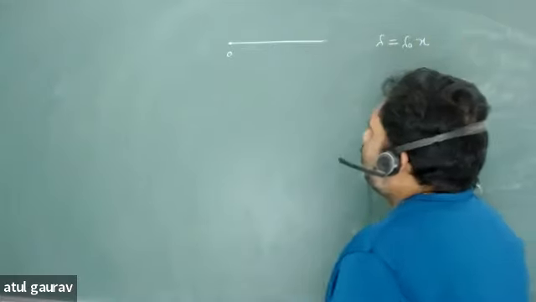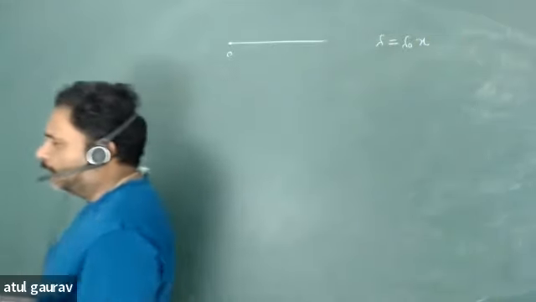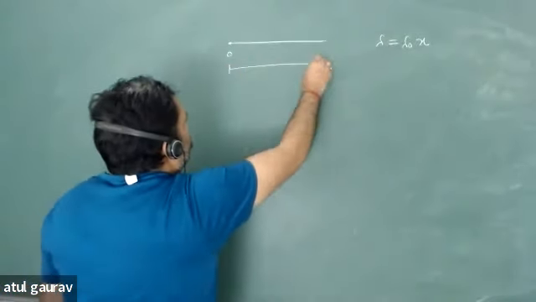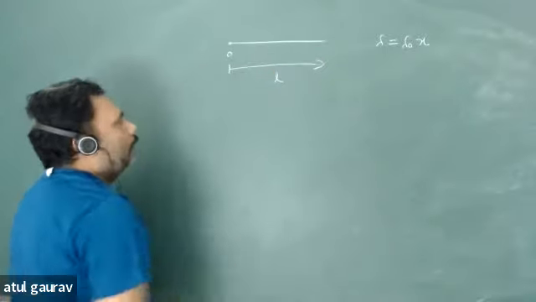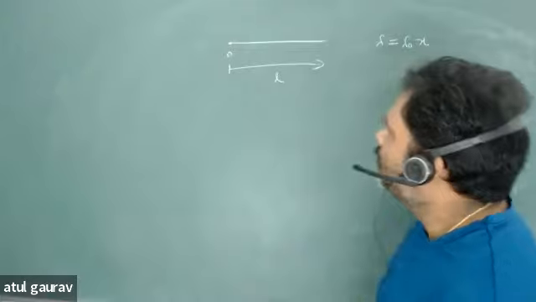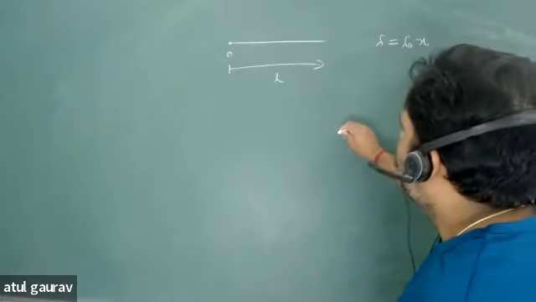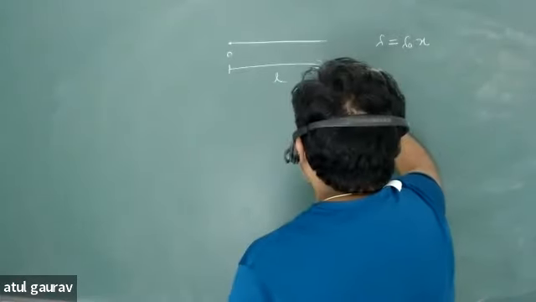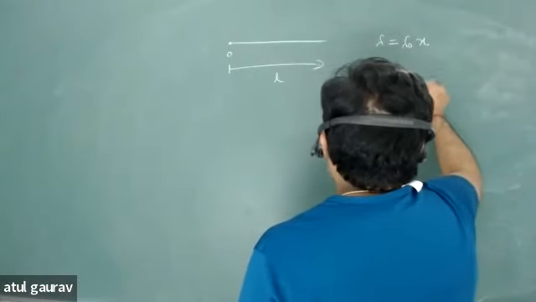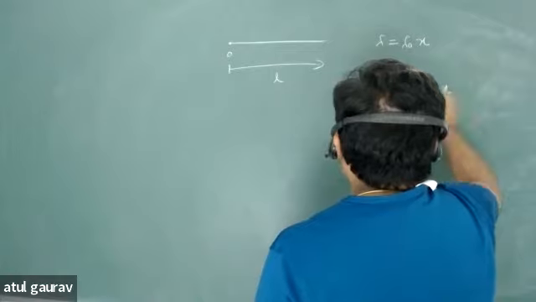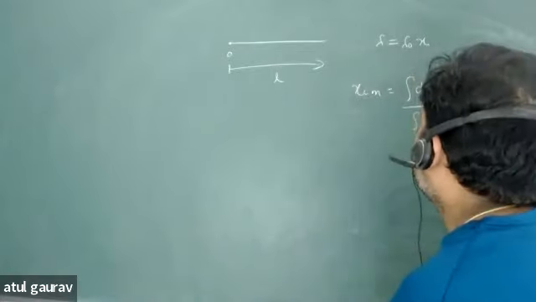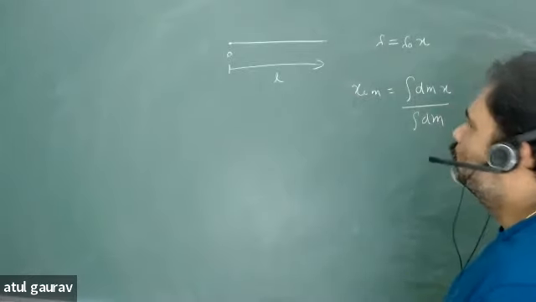So we have to calculate the center of mass of this particular rod, and the length of the rod is L. Don't worry, the length of the rod is L. So you have to just calculate the center of mass for this one. So what will be the center of mass? Only the x-axis is there. So what will be XCM? DM into X by DM. Isn't it? Yes or no? Yes, sir.